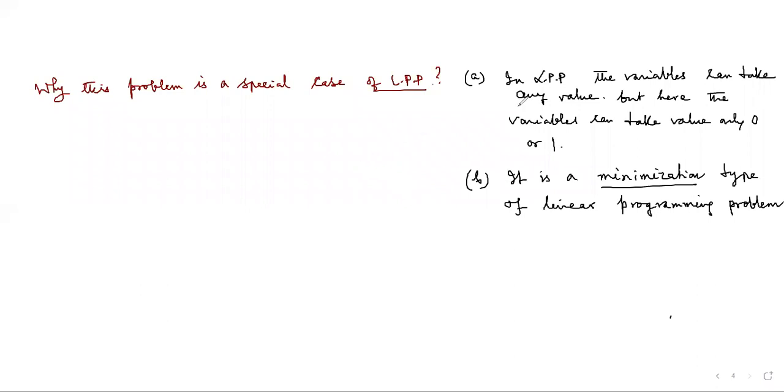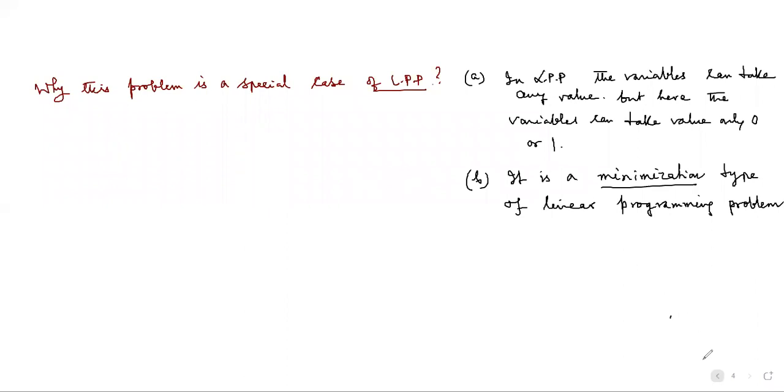Okay, and therefore in general LPP can be of maximization type or minimization type, but in this current situation only the minimization type of objective function will be taken into consideration, and therefore we can say that the current situation is a special case of LPP.